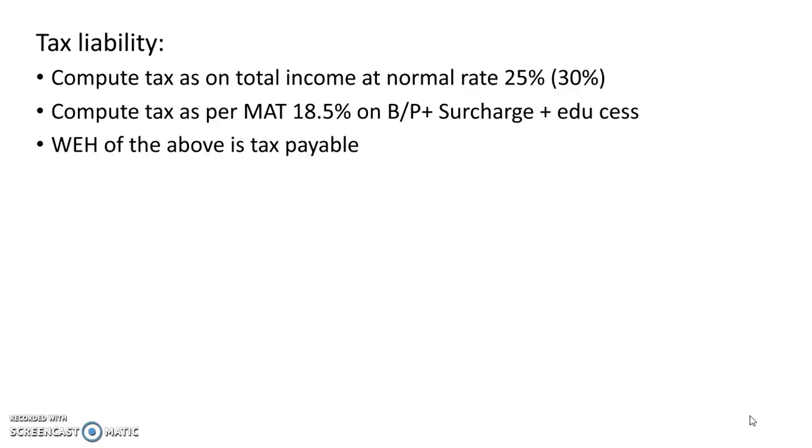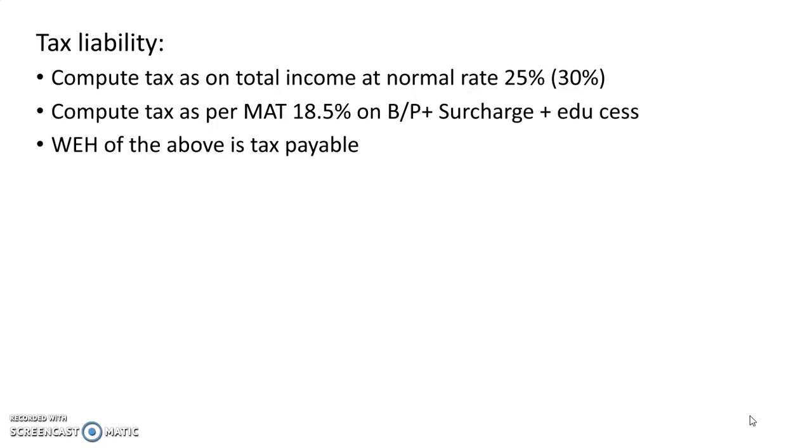And after arriving at the book profit, you have to calculate the tax liability. What is the tax payable by the companies? So here you have to calculate the taxable income under the normal procedure and the taxable income under MAT, that is book profit. Under the normal procedure, I told how to calculate the tax.